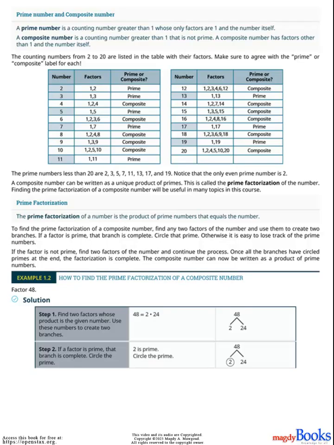The counting numbers from 2 to 20 are listed in the table with their factors. Make sure to agree with the prime or composite label for each number. Number, factors, prime or composite. 2. Factors 1, 2. Prime. 3. Factors 1, 3.